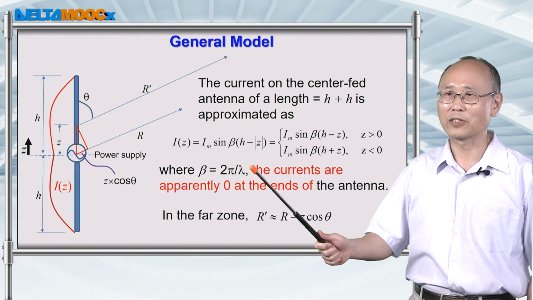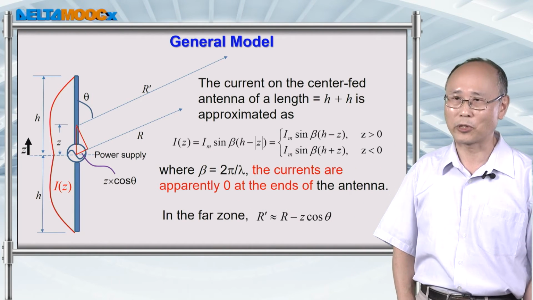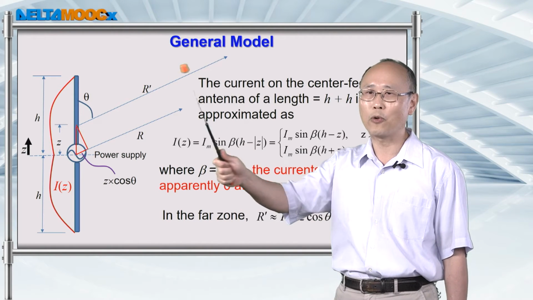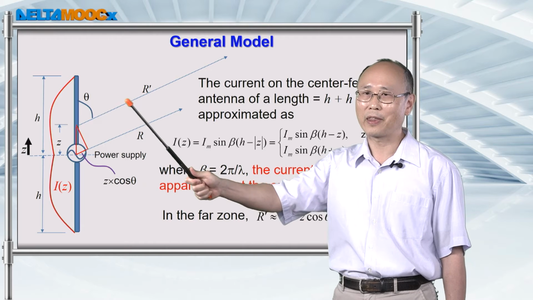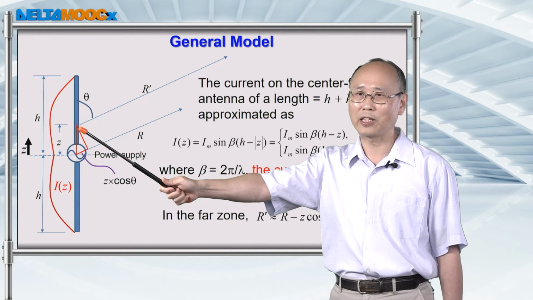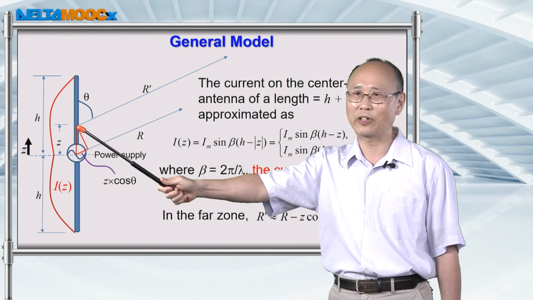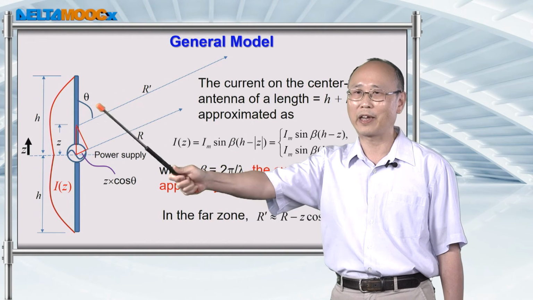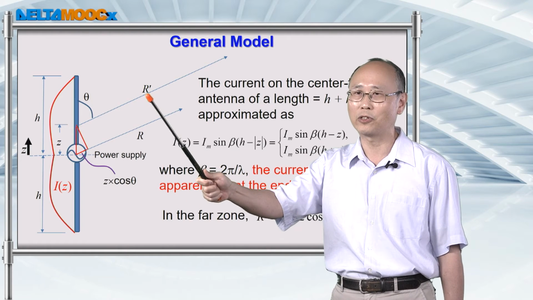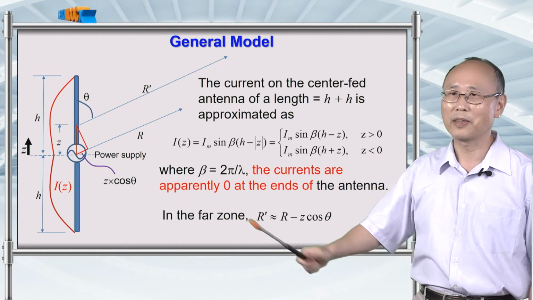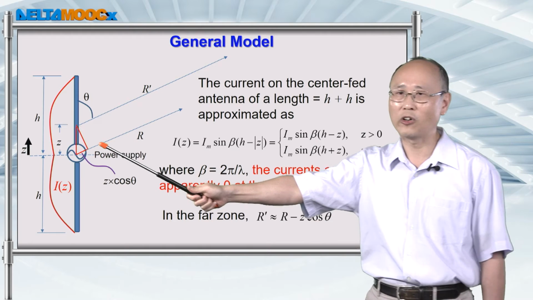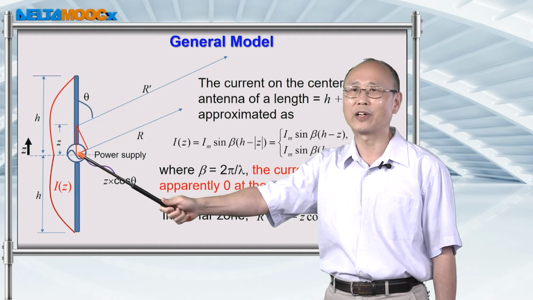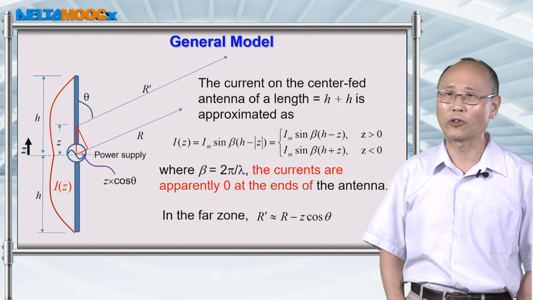So once we have this current expression, then we start to look into the radiation field far away from this antenna. For example, if we look at this part of the antenna with this current element, then the distance between the field point and this current element is denoted by this r prime. But we have to have an origin for the coordinates. We always choose the center of the antenna to be the origin of the coordinates.